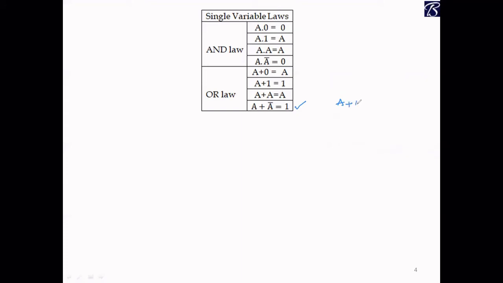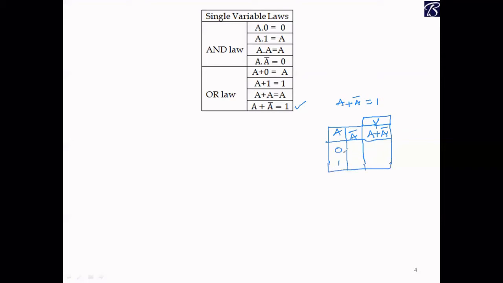A plus A bar equal to 1. So how to prove this one? Let us take A and A bar, the output A plus A bar. This is Y. Combinations are 0 and 1.